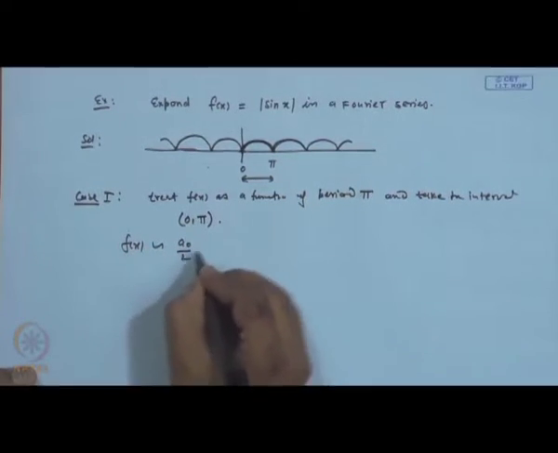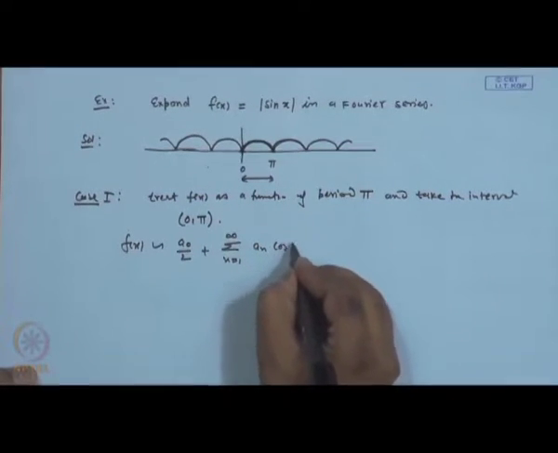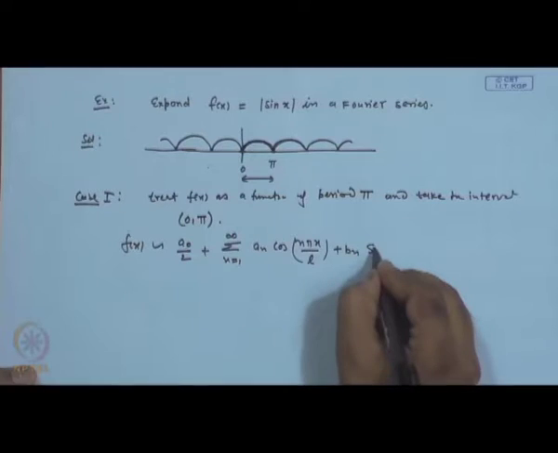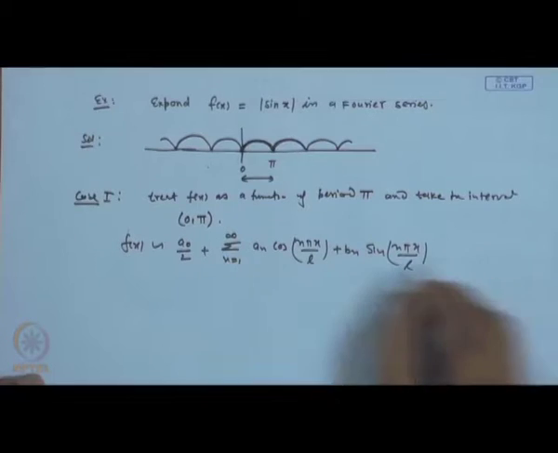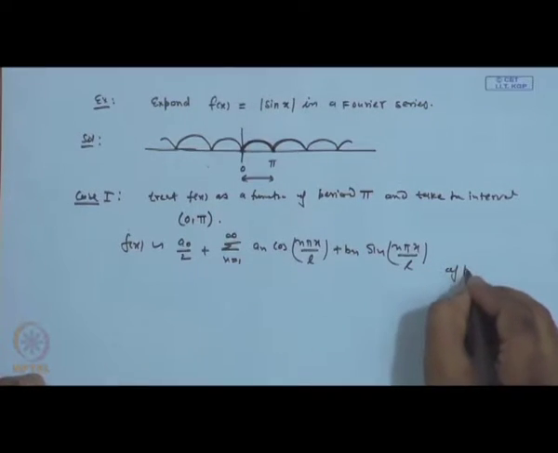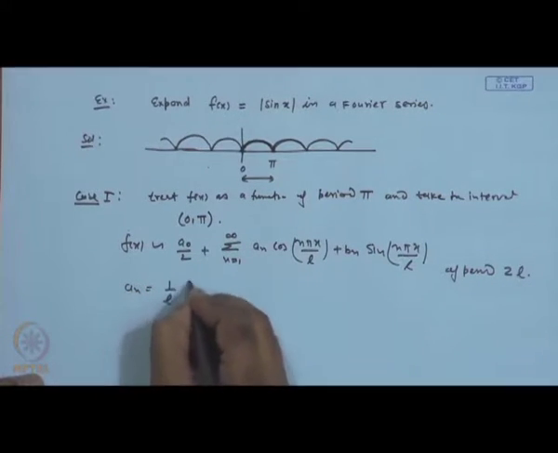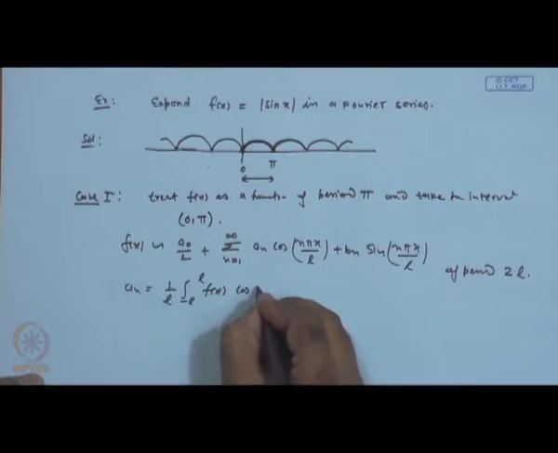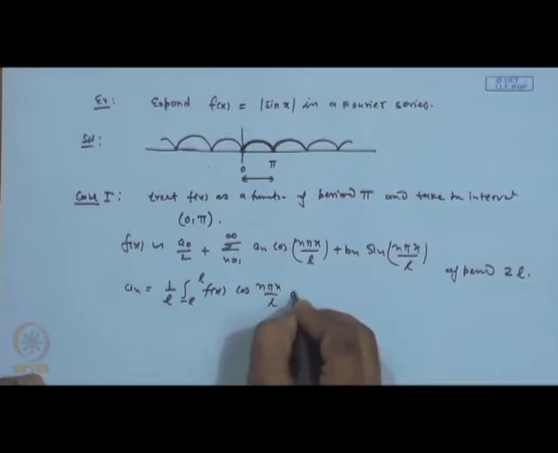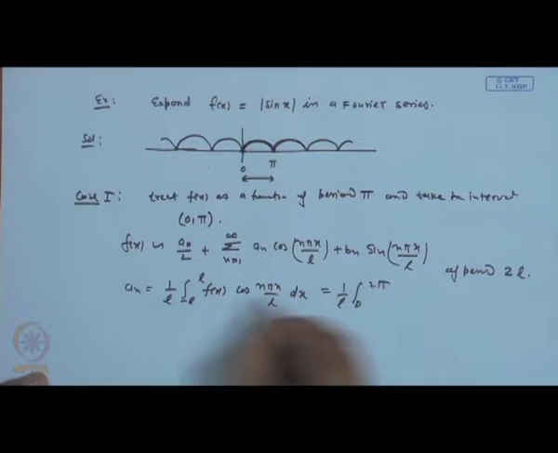and then f(x) has the general Fourier series a0 by 2 plus the sum from n equals 1 to infinity of a_n cos(n pi x over L) plus b_n sin(n pi x over L), and this was the series for a function of period 2L. So, a_n is 1 over L, integral from minus L to L in the general case, of f(x) cos(n pi x over L) dx, or we can take also 1 over L, integral from 0 to 2L, because it is a periodic function.